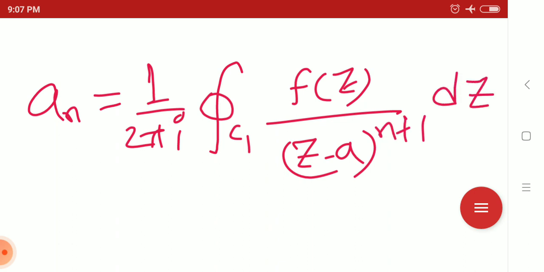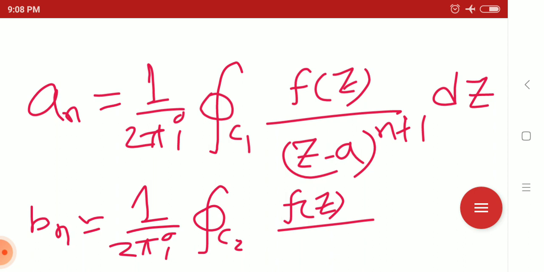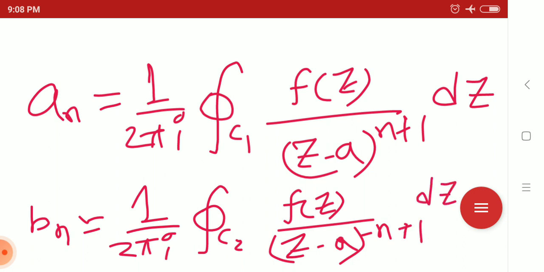And b_n can be written as 1 by 2 pi i, integration over C2, f(z) (z minus a) to the power minus n plus 1 dz. So this is a little bit of theory about Laurent expansion. So let's do some numericals. Let's do some problems.